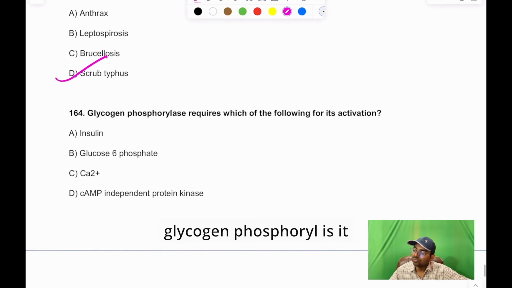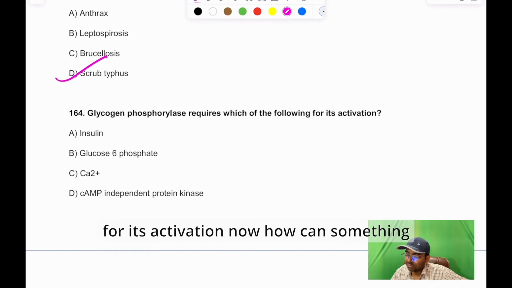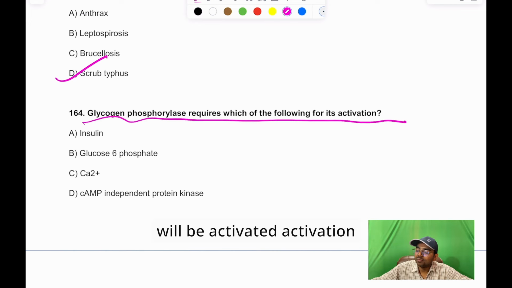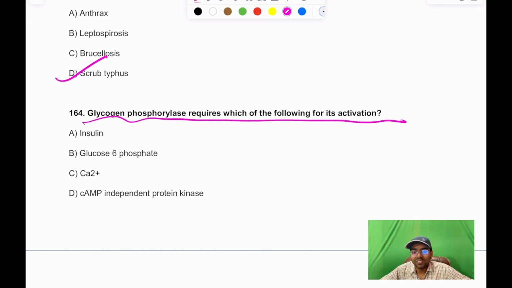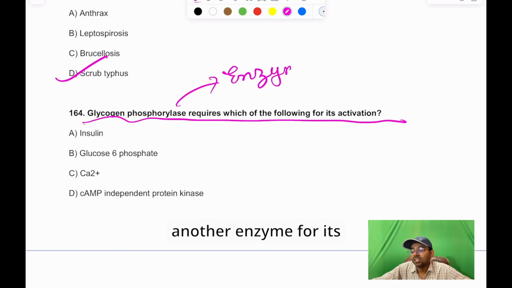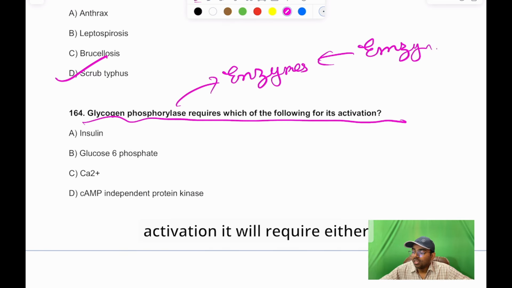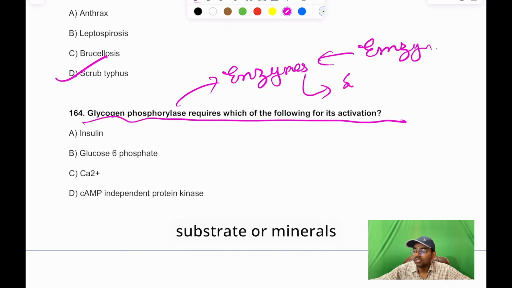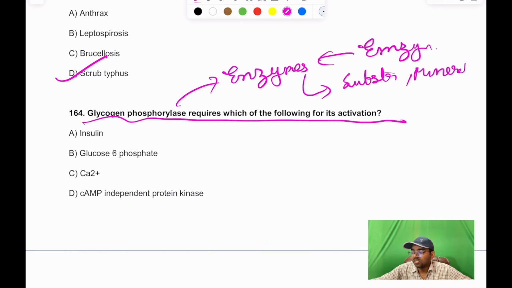Glycogen phosphorylase requires which of the following for its activation? Now, how can something be activated? An enzyme will not require another enzyme for its activation. It will require either a substrate or minerals.